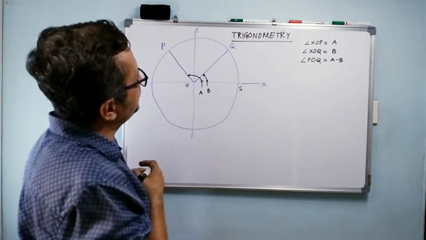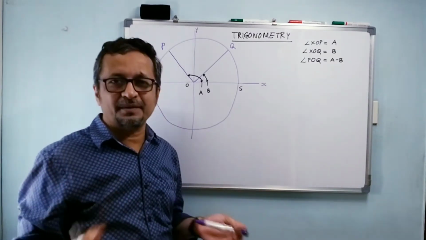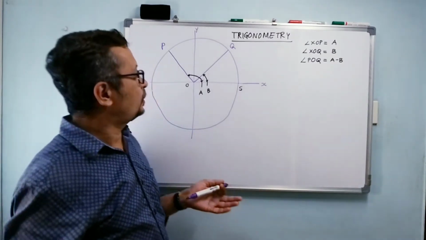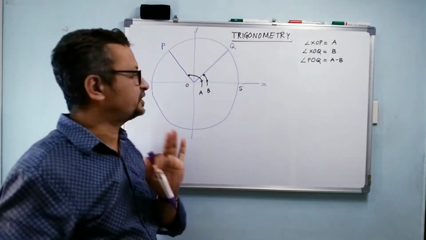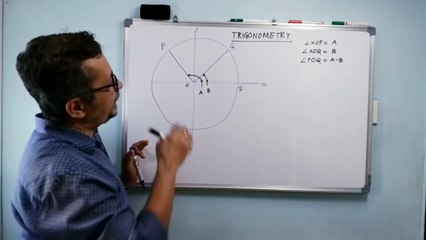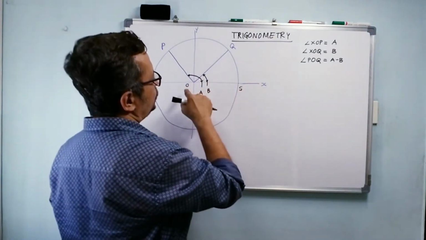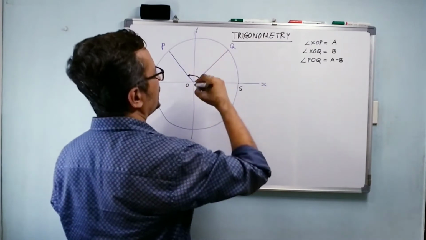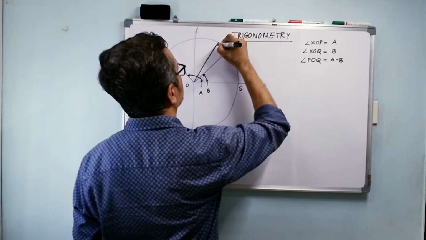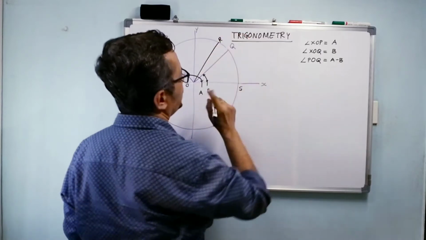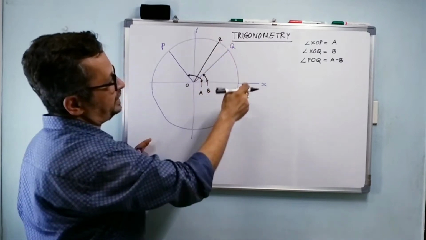Alright. But now, I wanted to find cos of A minus B, correct? How am I going to be able to do that? Now let us do something. Let's do some construction here. I'll have one angle XO somewhere here, R. Okay. So now I have P and Q and R and S here.